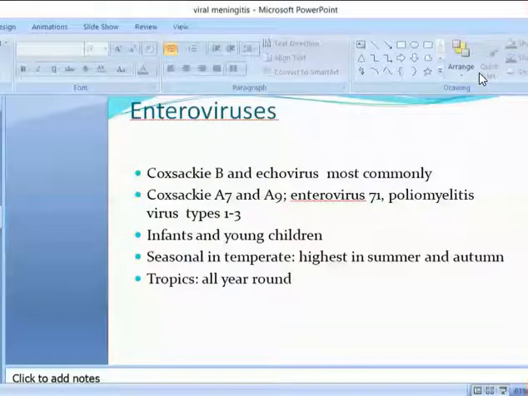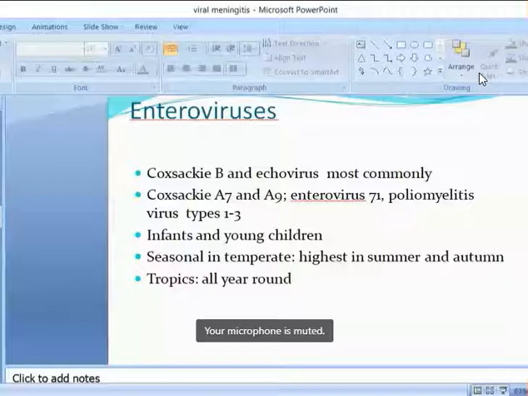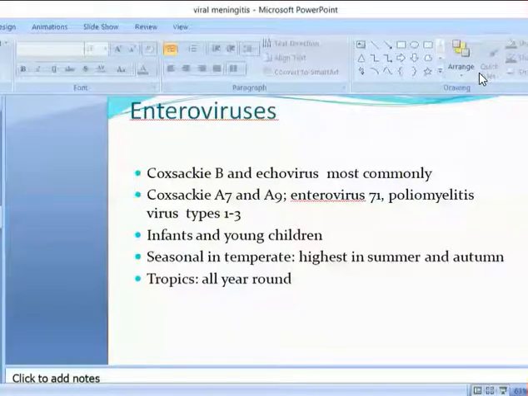The first is the enteroviruses, because these are the most common cause of viral meningitis. There are many viruses belonging to the enteroviruses, of which the most common are Coxsackie B and echovirus. Also, you may get Coxsackie A7, A9, enterovirus 71, and poliomyelitis virus, all three types.